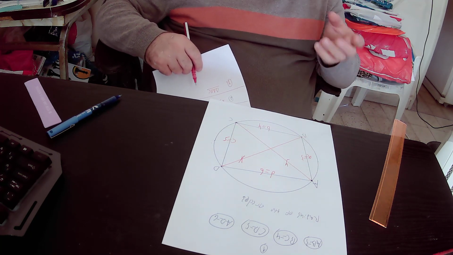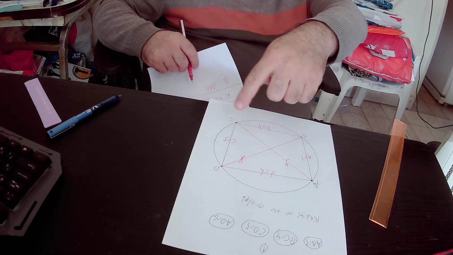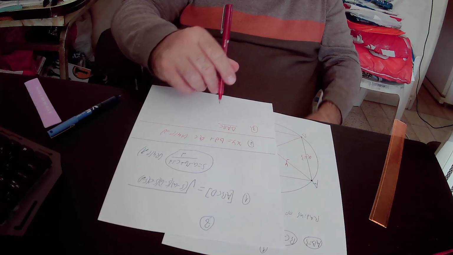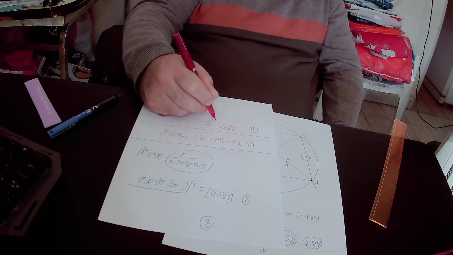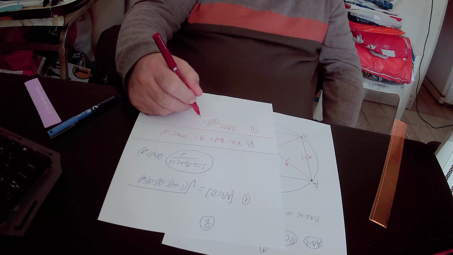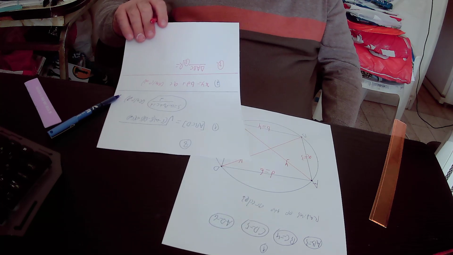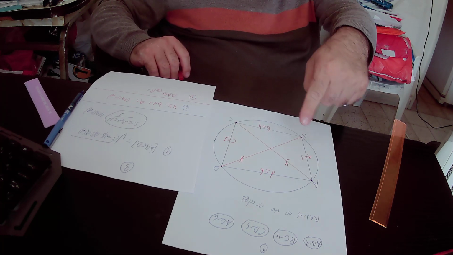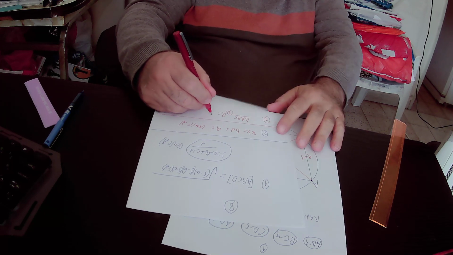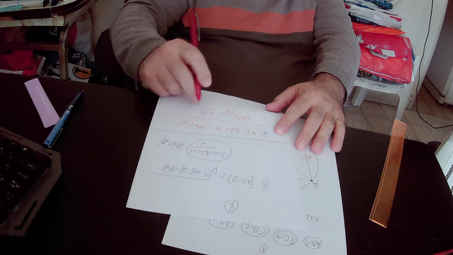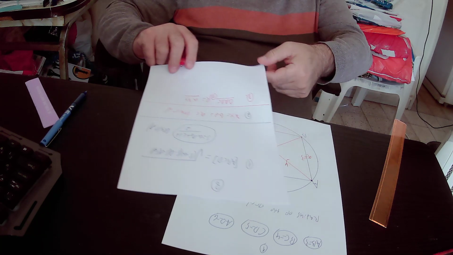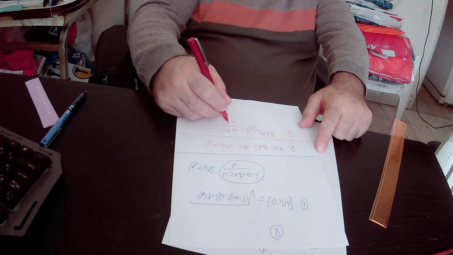Therefore, according to rule number 3, the radius of this circle that circumscribes triangle ABC will be equal to the product of the triangle's sides, that is to say, A times B times Y, over 4 times the area of triangle ABC.